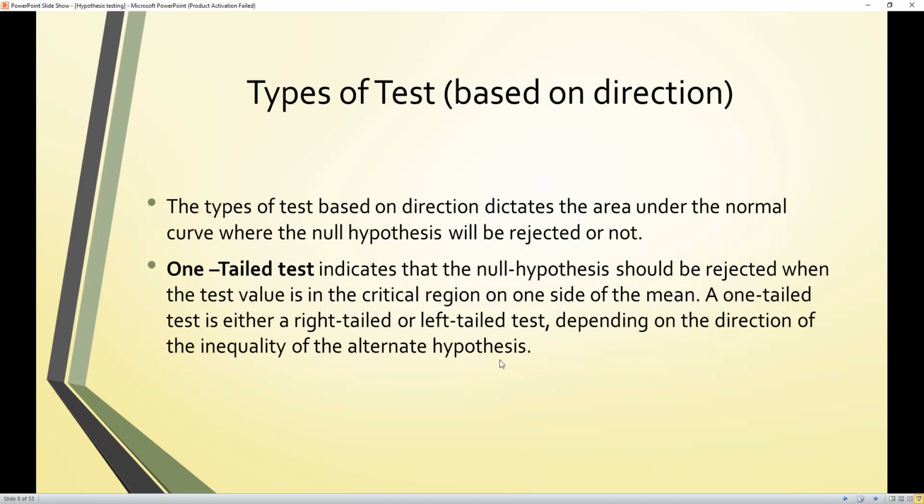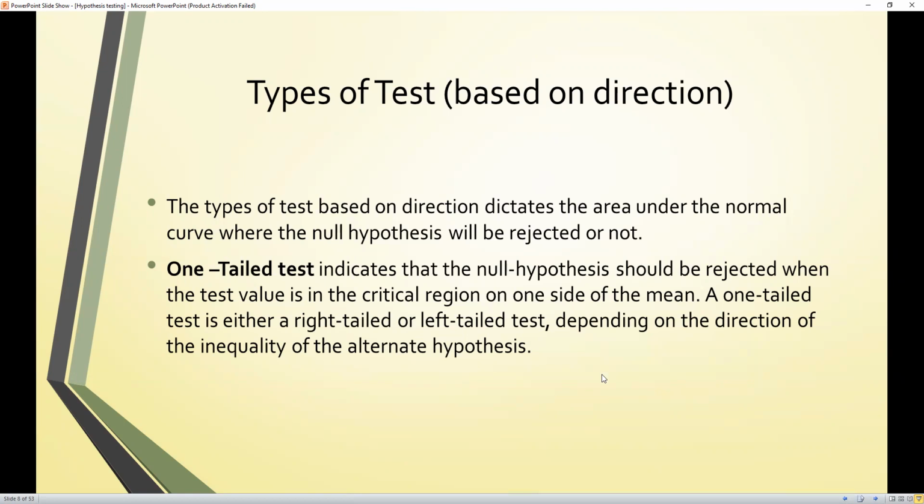You can always see that in the problem: if the problem states that one group is less than the other, or if it is testing that one group is greater than the other, then that is automatically a one-tailed test. So we have here a right-tailed or left-tailed test. Of course, it will be a left-tailed test if we're talking about a less than, while it's a right-tailed test if we're talking about greater than.